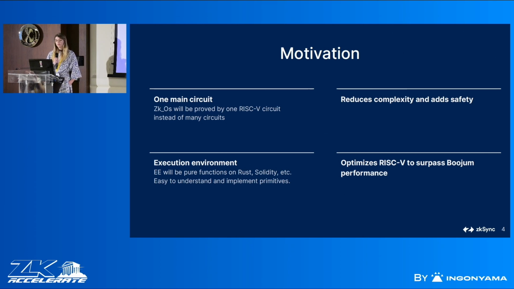We will have one main circuit, and the zkOS will be proved by one RISC-V circuit instead of many. In general, it's also much easier to express logic in program code in Rust than in code in Solidity.